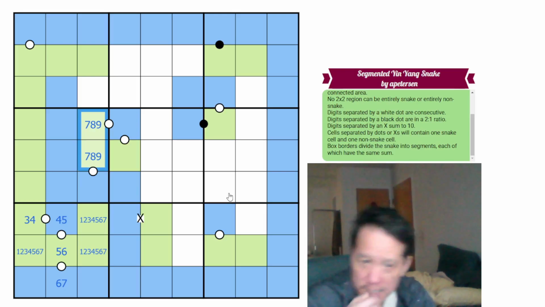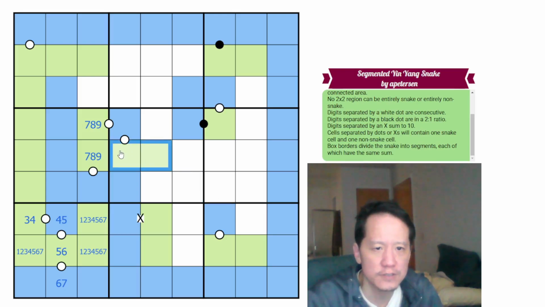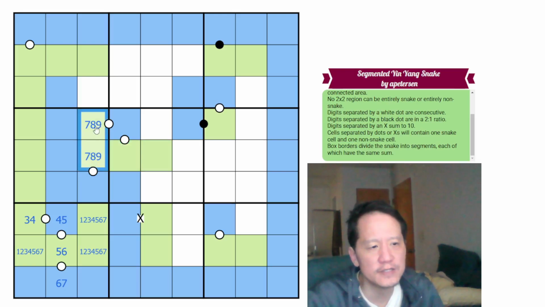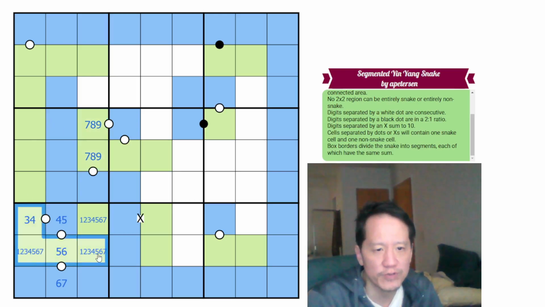Okay. This then can't stop here because otherwise it just doesn't work. Therefore, it has to be 2 at least. And actually, this cannot be just 2. Because if this were just 2, it would have to be the same 2 as these digits, because it's either 7, 9 or 8, 9, because this can no longer be 15.